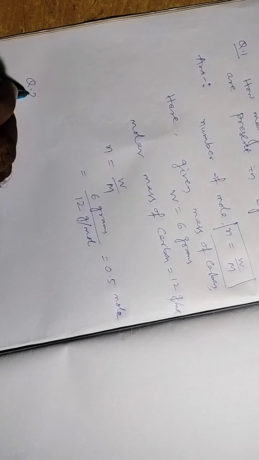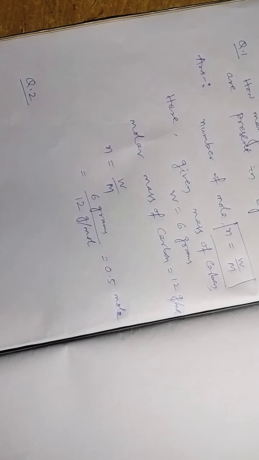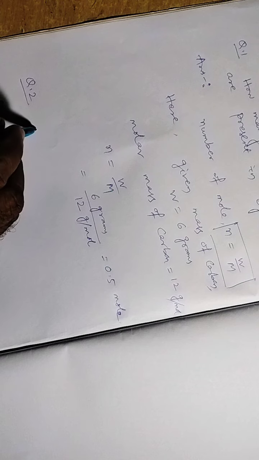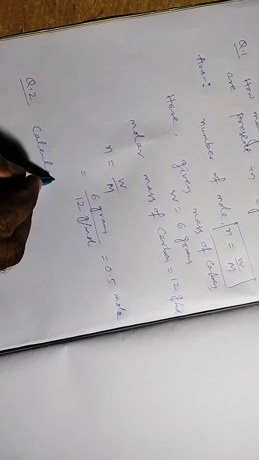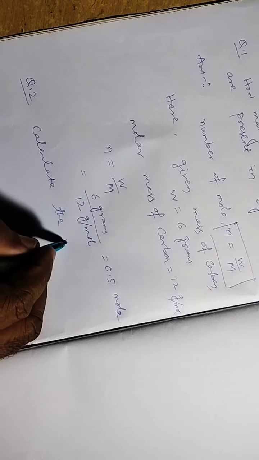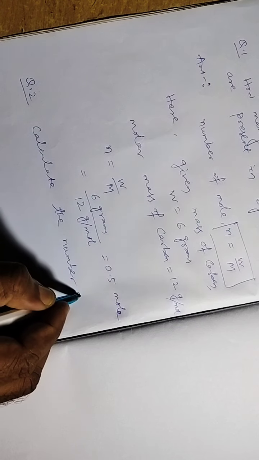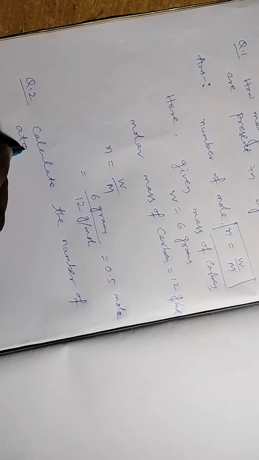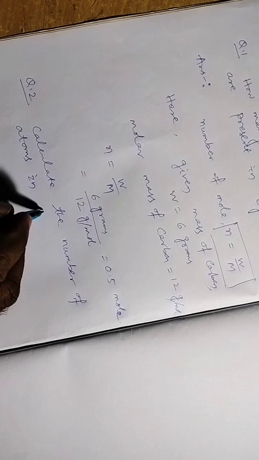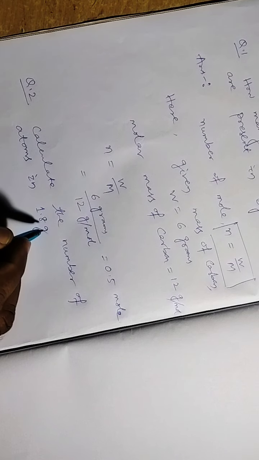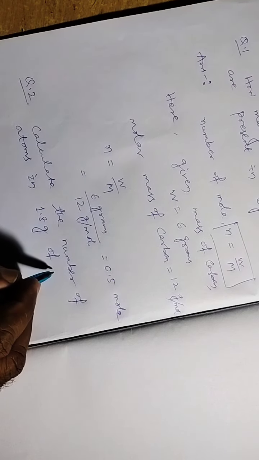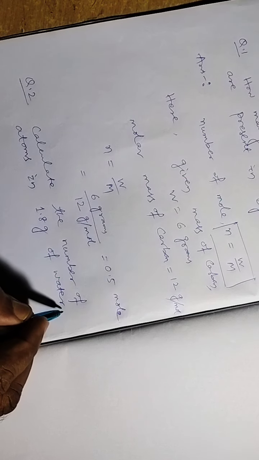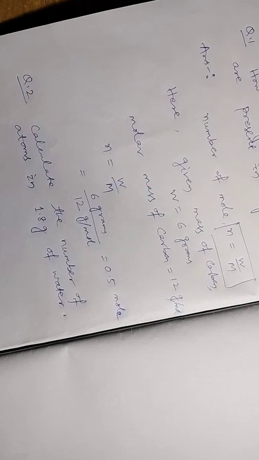Then in question 2, we have to calculate the number of atoms in a given sample of compound. Calculate the number of atoms in 1.8 gram of water.